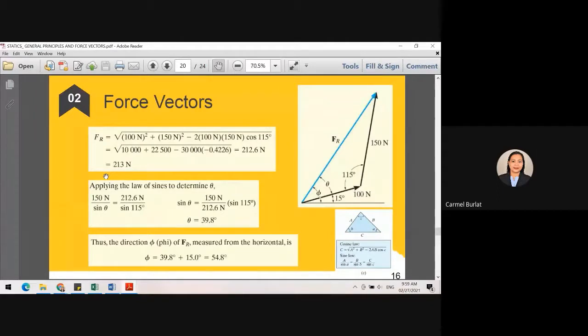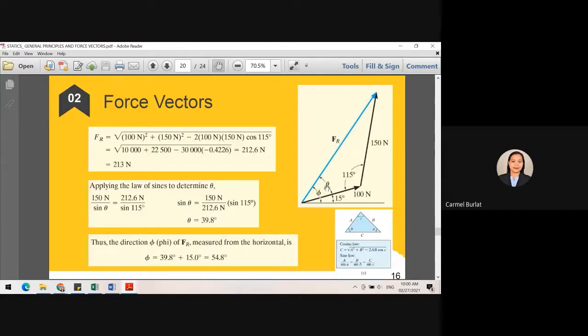And applying the sine law to get the direction of your FR, to get theta, 150 over sine theta. Sine theta is the angle, para diri, di ba? This is B. Angle A, opposite of A. Angle C, opposite of C nga FR.